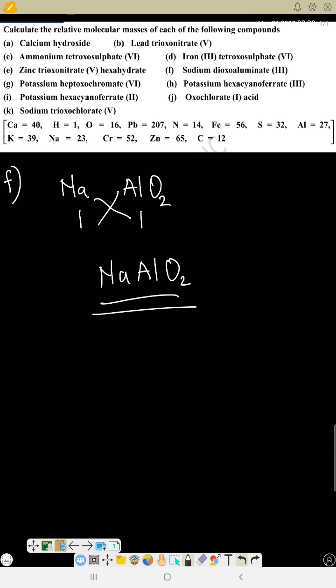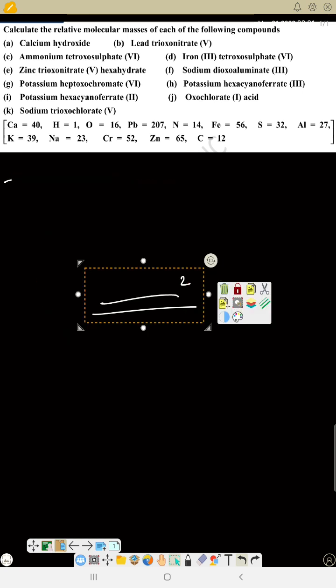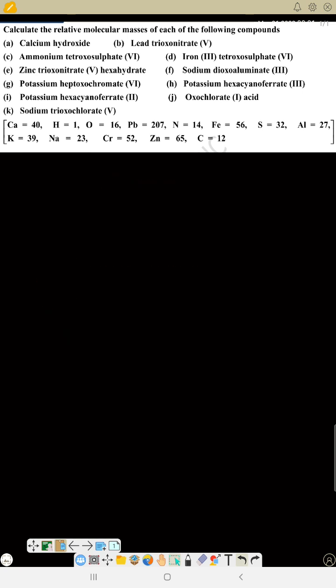The next one is potassium heptaoxodichromate 6.